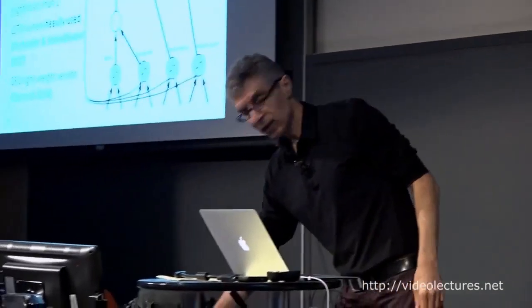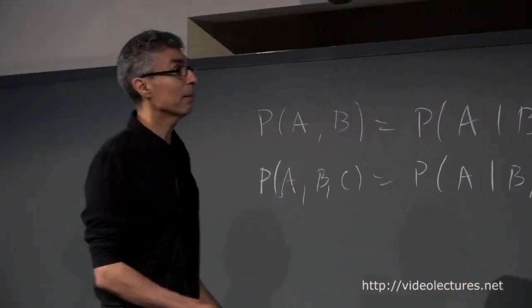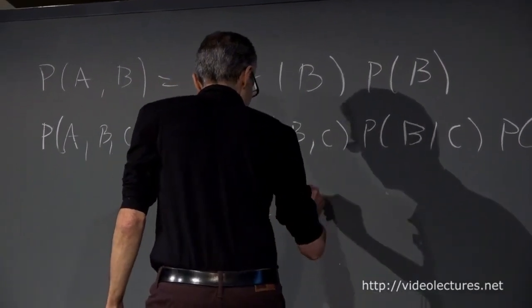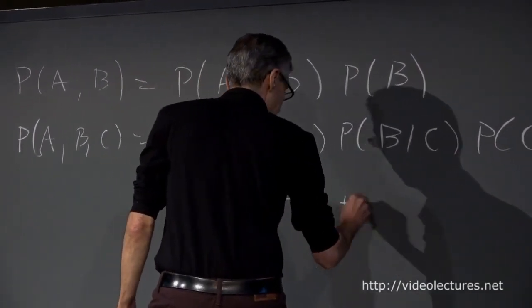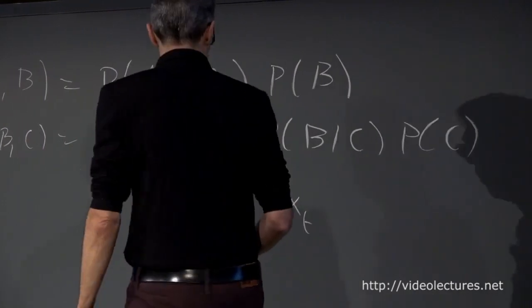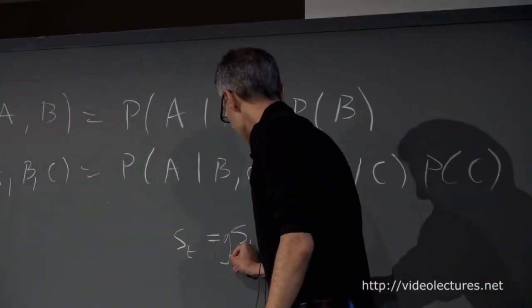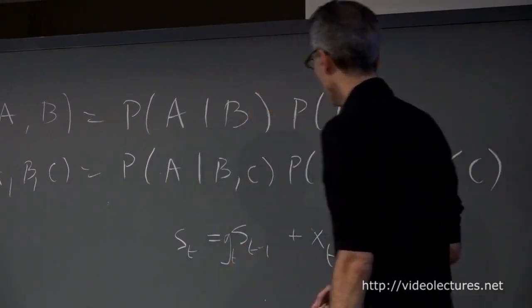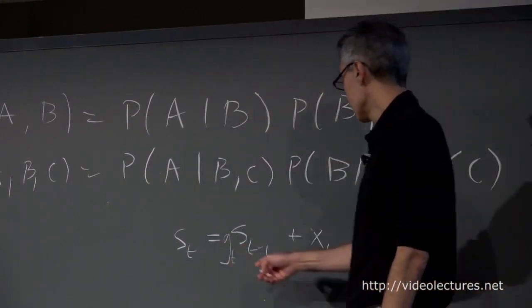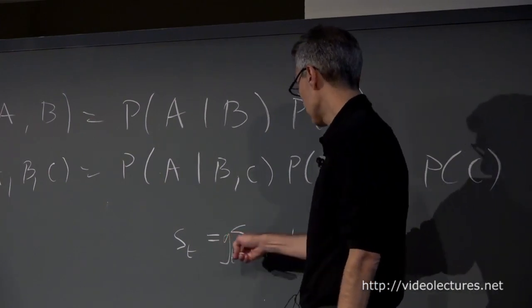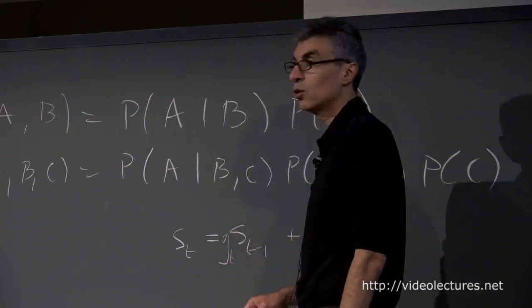So let's say the gate here is always 1, then the state is going to be s_t equals s_{t-1} plus x_t. That's a really simple thing. In practice, of course, we're going to have a gate here, and that gate is going to control whether we actually copy and add some new stuff, or we actually ignore the past.